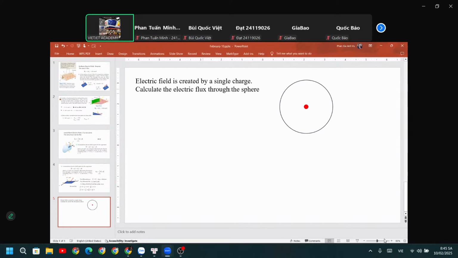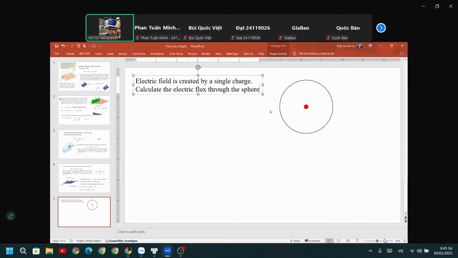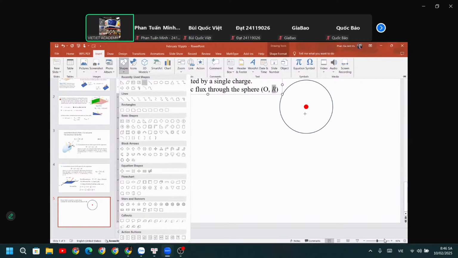Let's say we have the sphere here with the center O and the radius R. The radius of the sphere is R here.